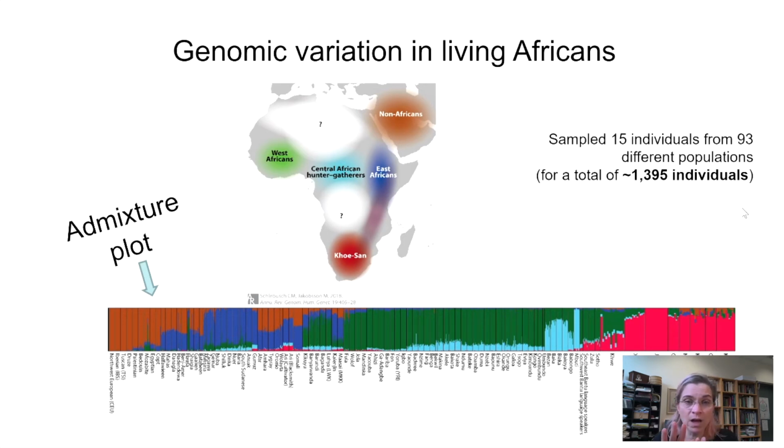Then a whole lot more West African, but you still have quite a bit of the East Africans and the non-Africans, and then an increase in the Central African hunter-gatherers as we continue to move to the right, and then a whole lot more Central African hunter-gatherers, a smaller amount of West Africans, and then you gradually move into having more and more representation from the Khoisan.